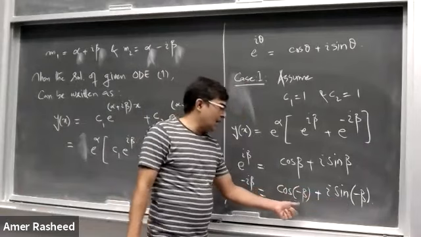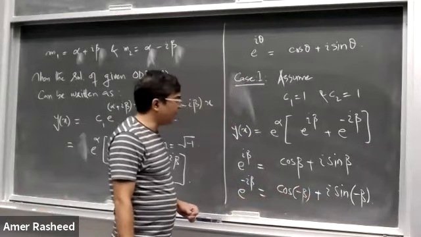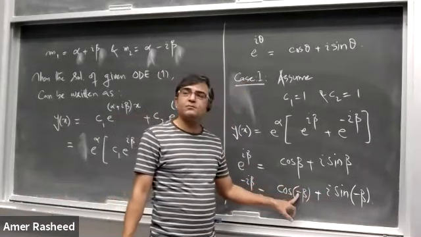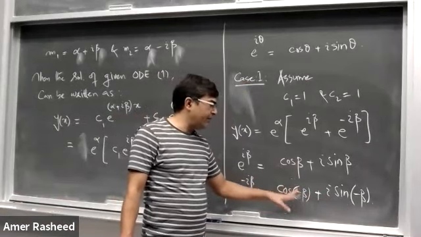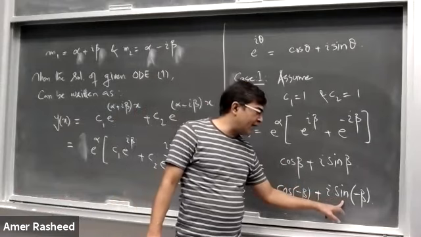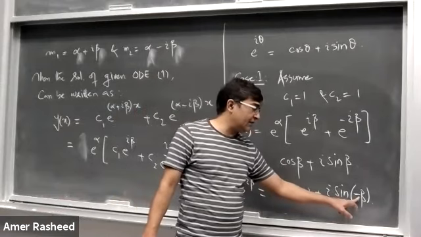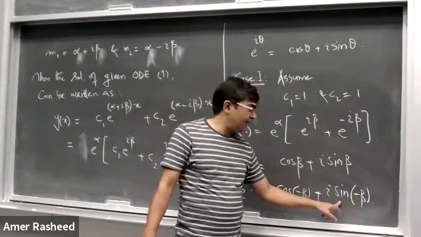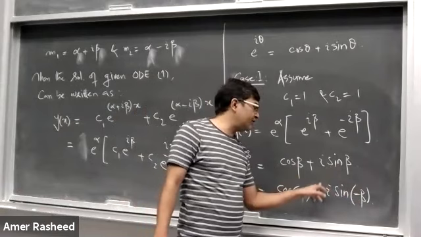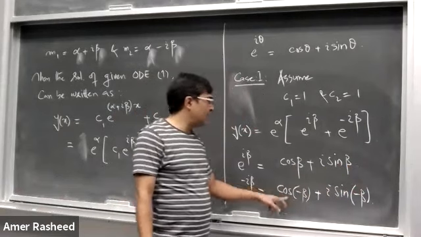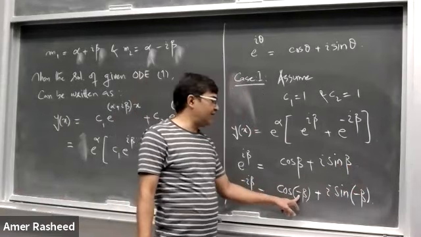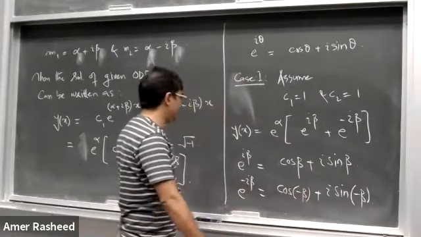So when we use this property, the negative sign inside the cosine disappears, but the negative sign in the sine function comes out of the sine function because sine is an odd function.